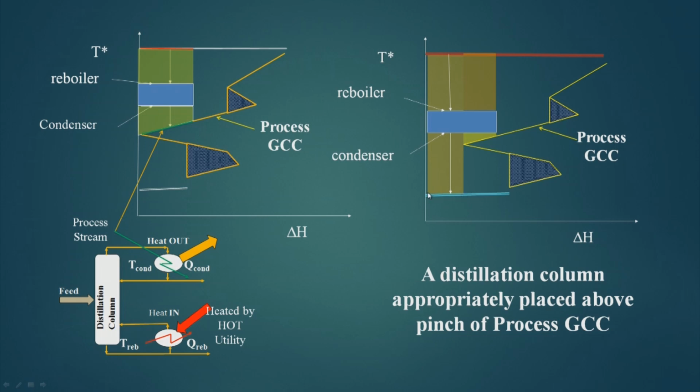So, the cold utility requirement and hot utility requirement increase, but this is partially serviced by the hot utility here, not fully, but partially. That means the hot utility available here will service this part of the reboiler, and the condenser heat of this part will go to the process streams. This is how in actual practice this will be integrated with the process GCC.